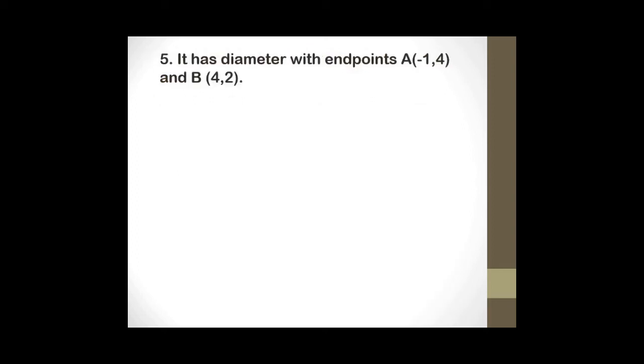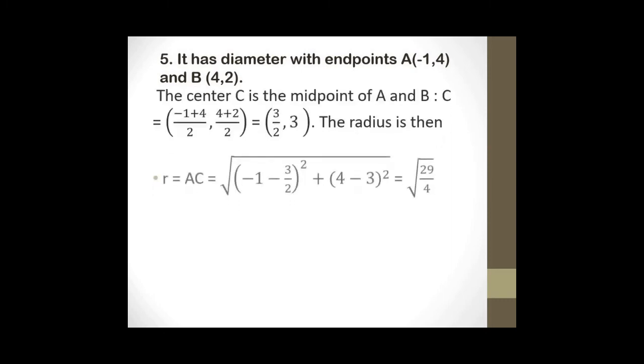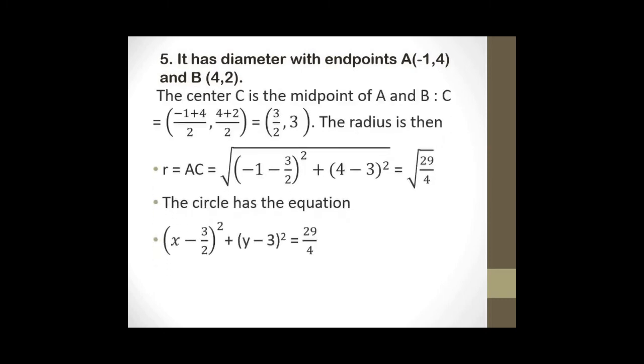Number 5. It has a diameter with endpoints A (negative 1, 4) and B (4, 2). The center C is the midpoint of A and B. So C is equal to ((negative 1 plus 4) over 2, (4 plus 2) over 2), which is equal to (3/2, 3).